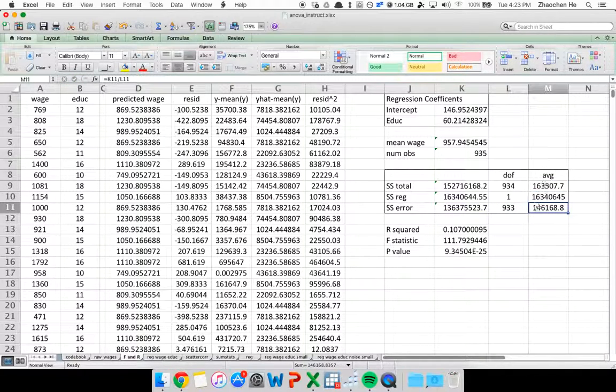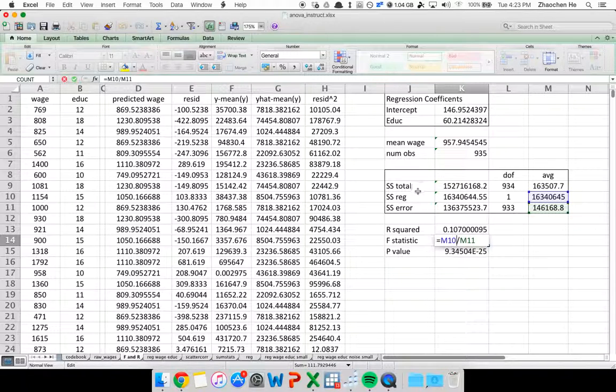The F statistic is equal to the average for the regression divided by the average for the error. It's the quotient of these two numbers here. The p-value corresponding to that F statistic requires me to call the F distribution. So I call the F distribution, that's what this function fdist does.